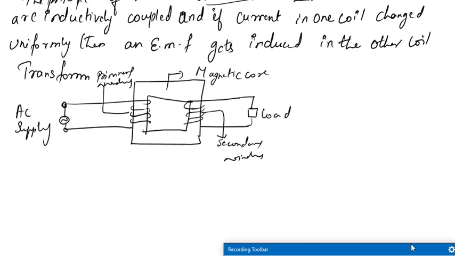So here the current supply is on one side and the load is on the other side. The current which passes through this side, the current which has been supplied as AC, gives rise to magnetic flux in this magnetic core. I'll just mention here magnetic flux.